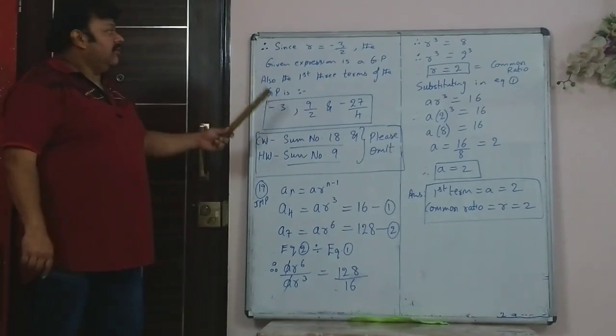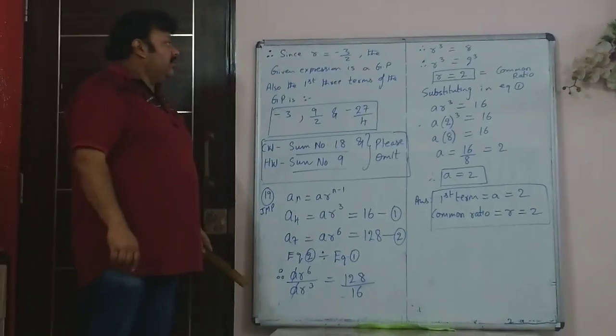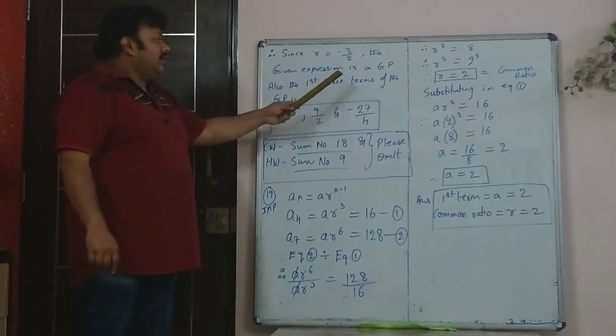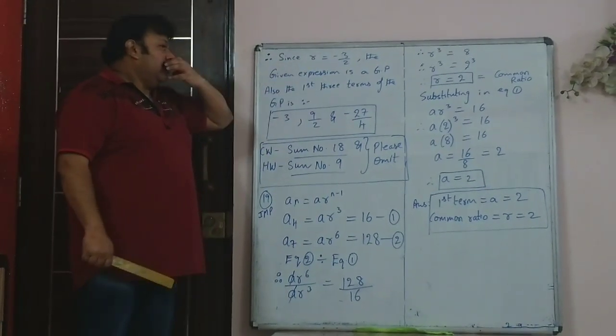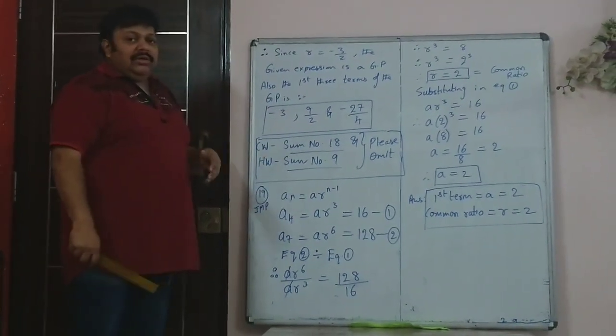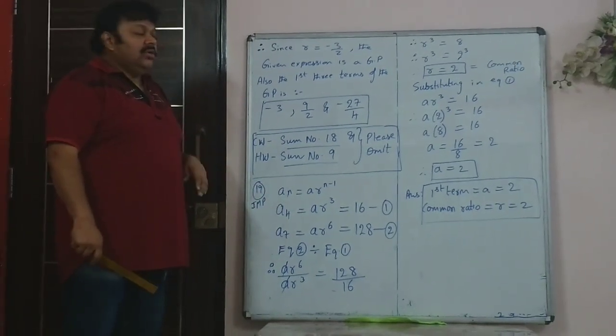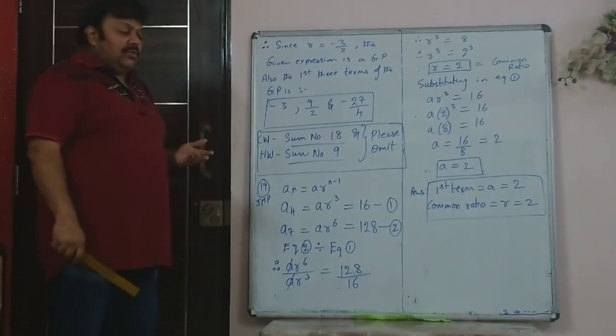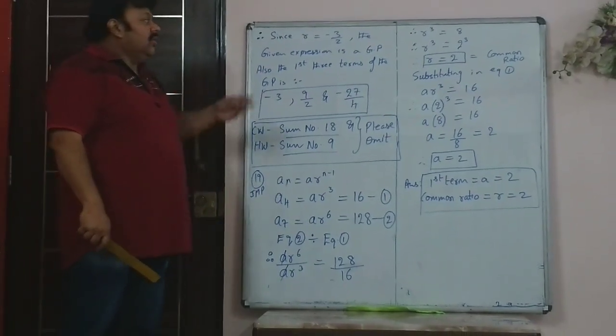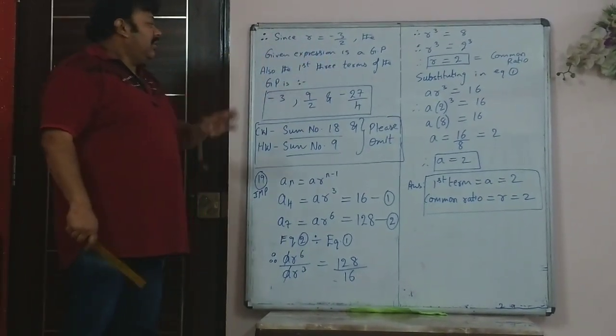So here we have r is minus 3 by 2. Both we tried. That is, third term upon second term is also minus 3 by 2, and second term upon first term also we had got minus 3 by 2. So therefore, it's a GP.